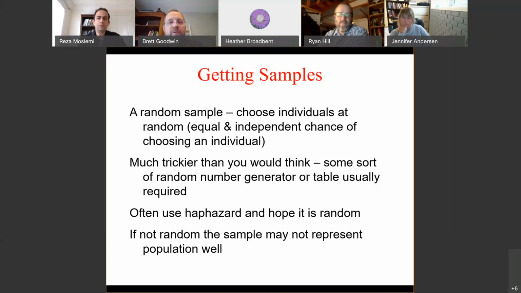So often what we do is we use a haphazard way of sampling where we try not to have any pattern to how we sample and assume that it's actually random. One of the illustrations I often use to show that if it's not a random sample, you might not get a good idea is this: imagine you were on a university campus trying to sample the average height of students for some reason.